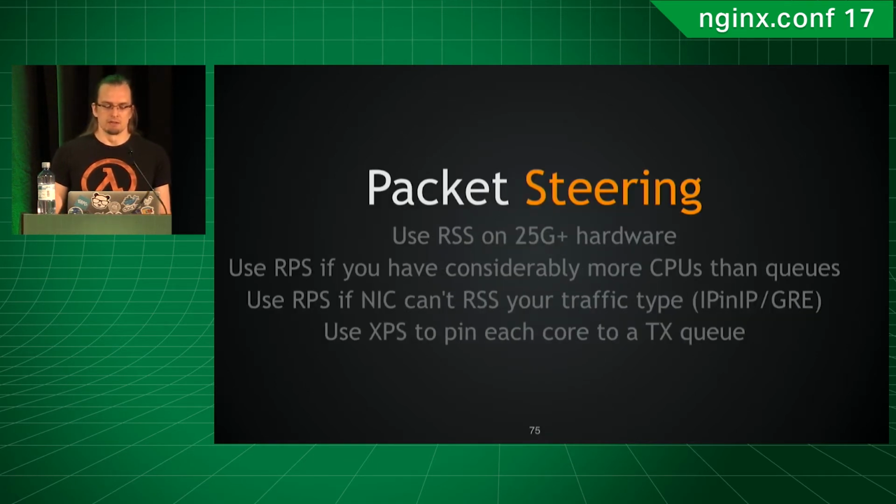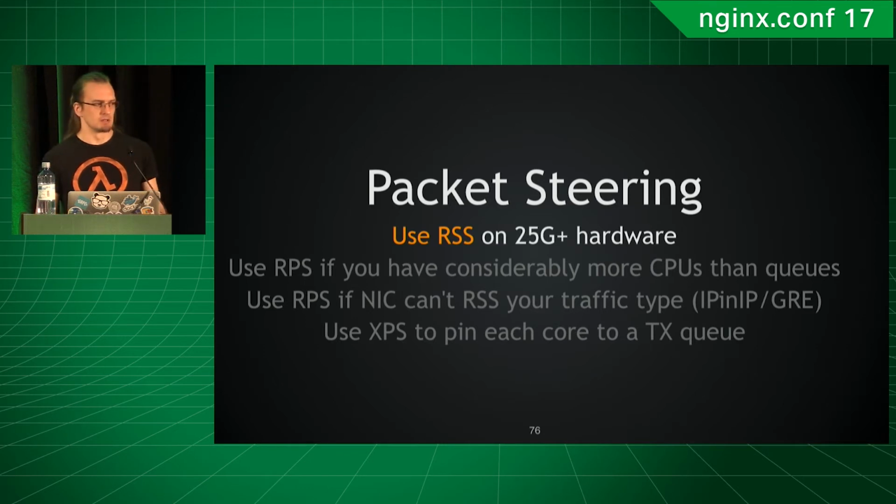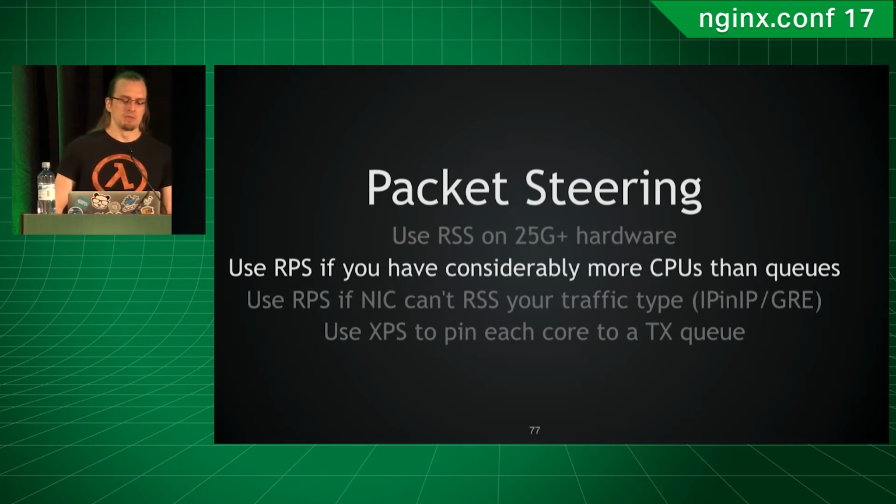On the packet steering side, on modern hardware it's generally okay to rely on the network card to do the right thing. If you have old hardware, for example, some 10G cards can only RSS to the first 16 queues. So if you have 64 CPUs, they won't be able to steer packets across all of them. On the software side, you can have RPS.